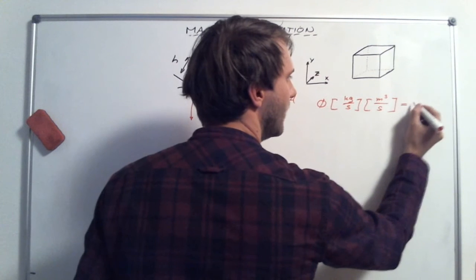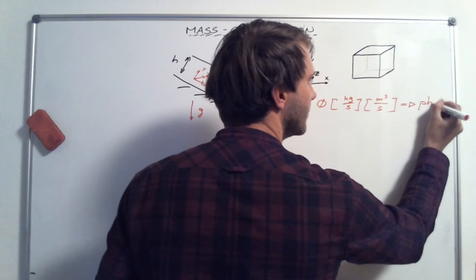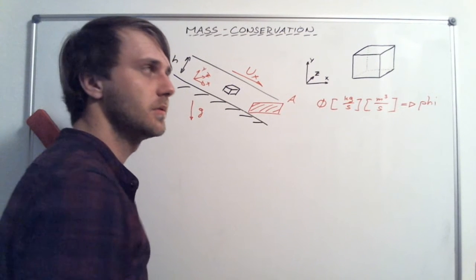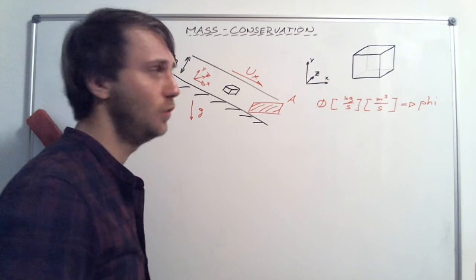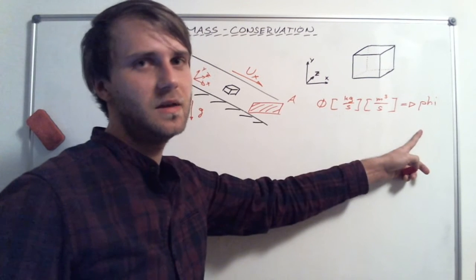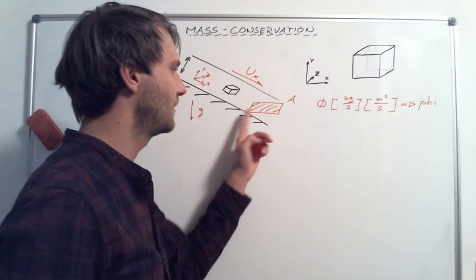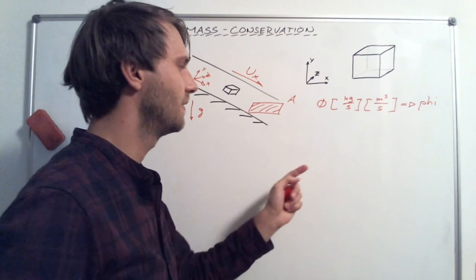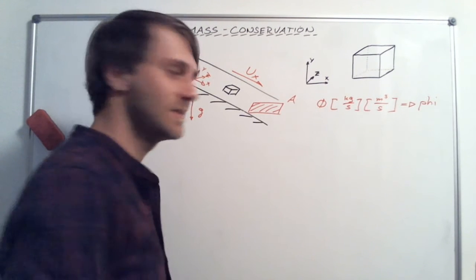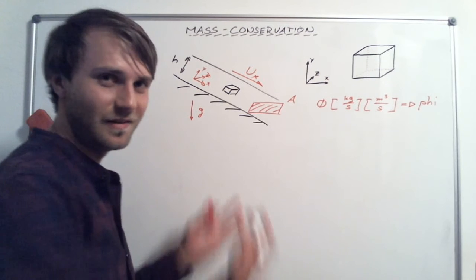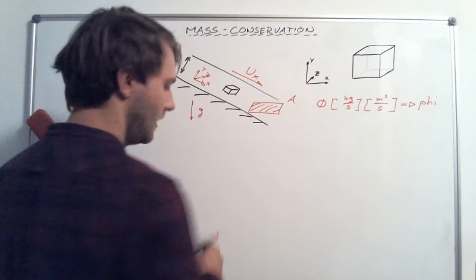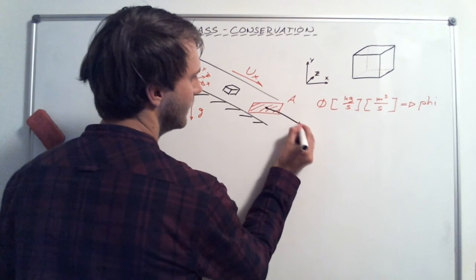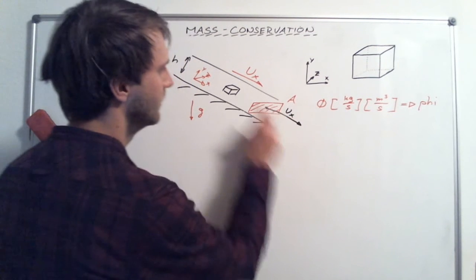And in OpenFOAM this is denoted by phi. If you go to the createPhi.H header file, you will see a surface scalar field. We have here some surface, and the value of the mass flux or volumetric flux is a scalar. So you see you can derive it directly. And in addition, we also have the velocity in x. So these are the same.